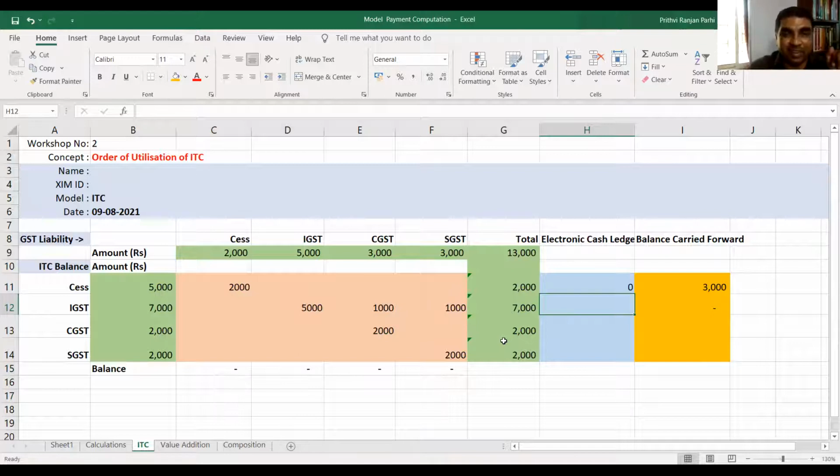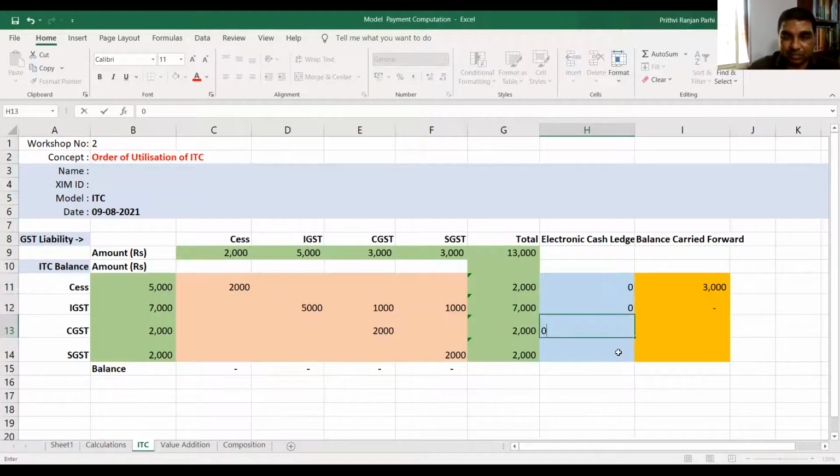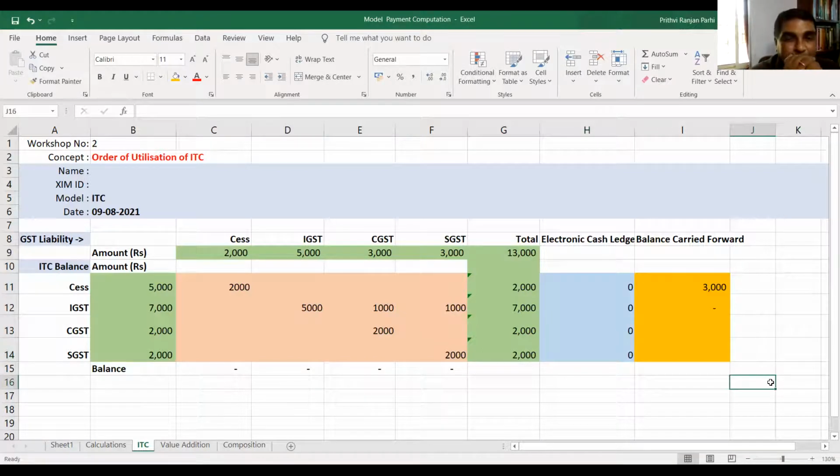Entire, you see, these are the ITC balance. This is the electronic credit ledger, also no amount has to be paid. In the cash ledger, no amount has to be paid. Did you understand this? Balance carry forward, is there any balance?